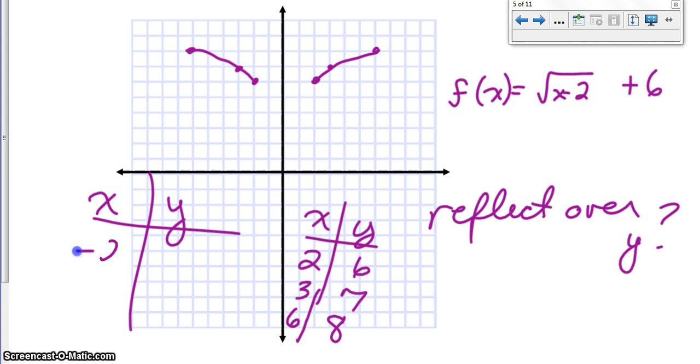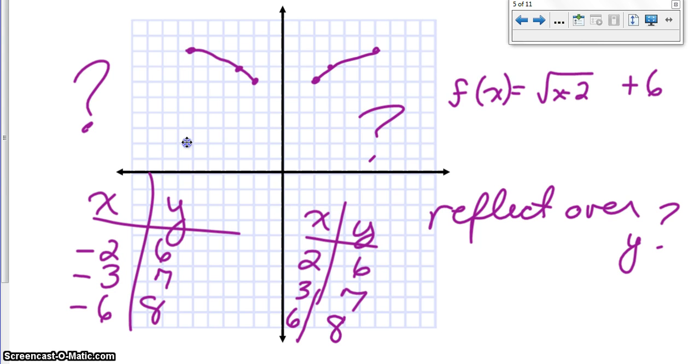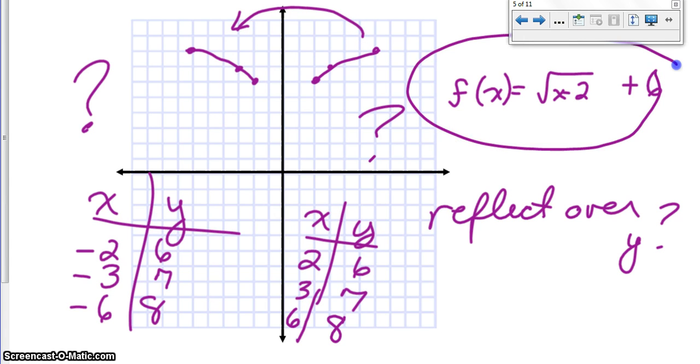X is -2, y is 6, x is -3, y is 7, x is -6, y is 8. What do you think happened to get from here to here? And how would you show that on this function? Great question. Toodles. See you in class tomorrow.